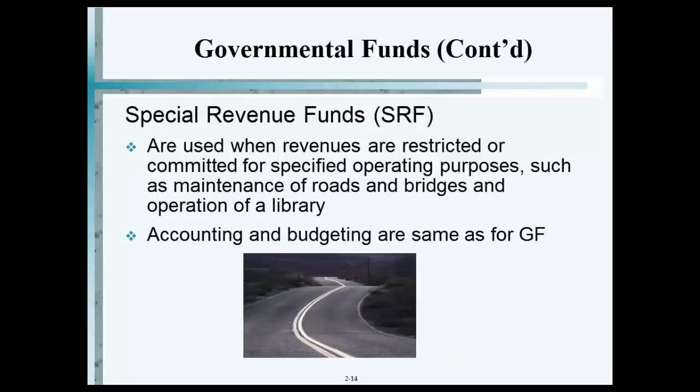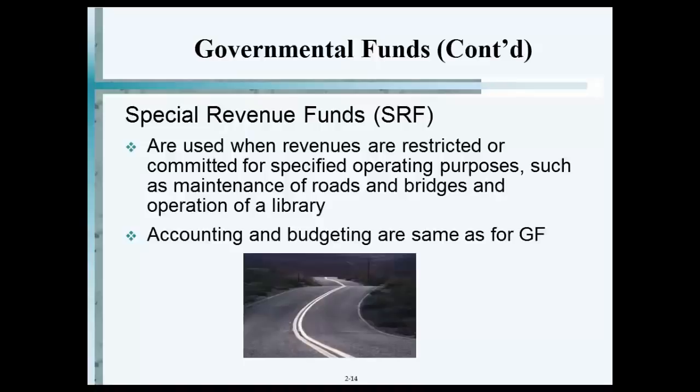Now we come up with special revenue funds. These are restricted or committed for a specified operating purpose, such as maintenance of roads, bridges, and operation of a library. So when you go out and fill your car with gas, part of the cost per gallon is what? A fuel tax, right? And what's that tax used for?